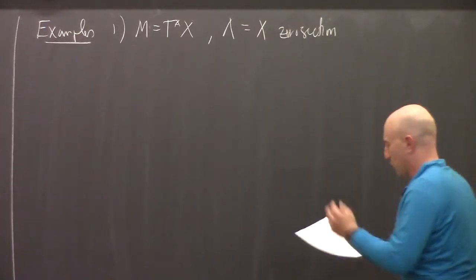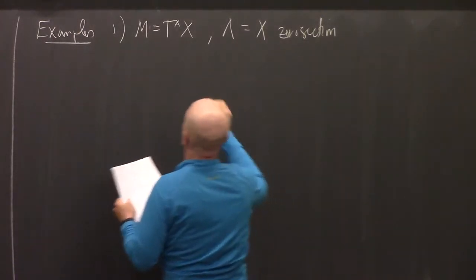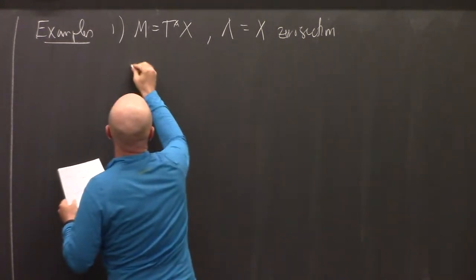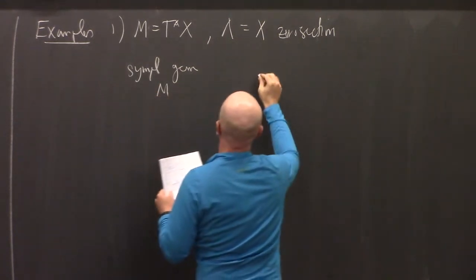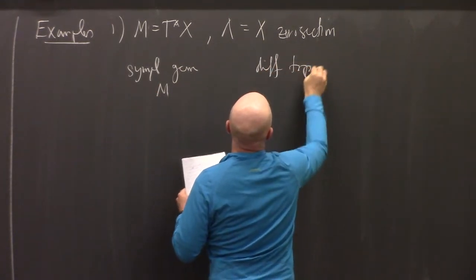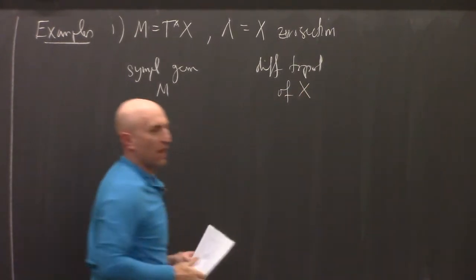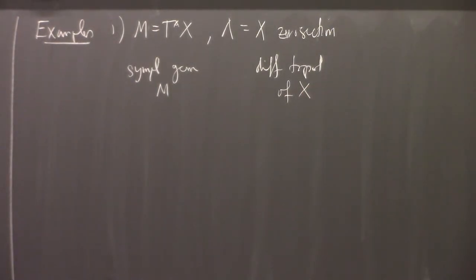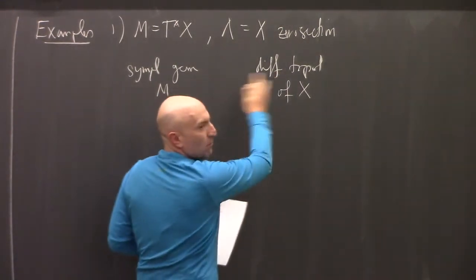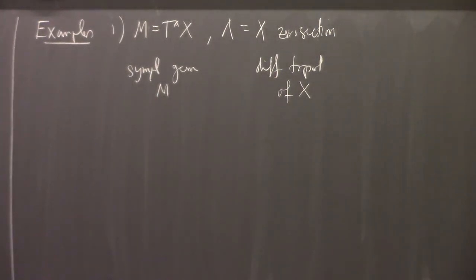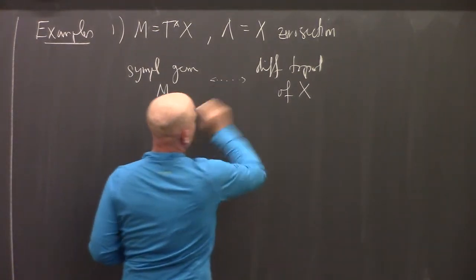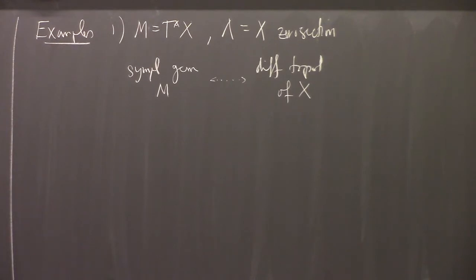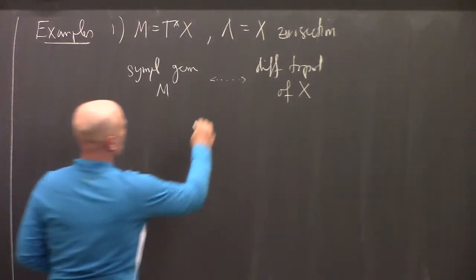It contains a lot of interesting geometry, and one thing you can say is that studying the symplectic geometry of M is related to the differential topology of X. Okay, so there are a lot of deep questions still not understood about how precise this dictionary really is. But in any case, I don't know what the right kind of font is to use for something that conveys some relationship here.